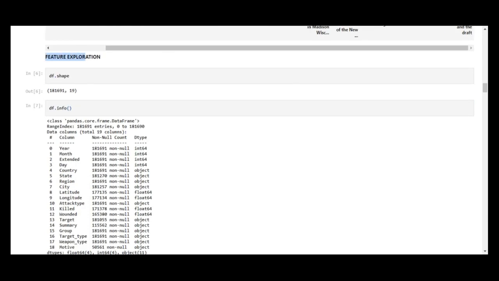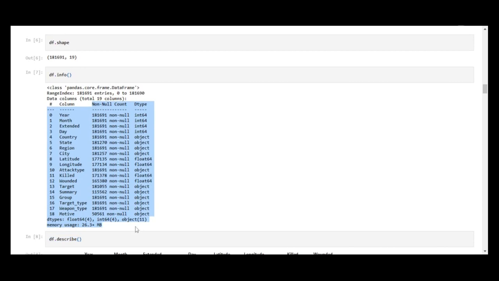As a part of the feature exploration step, I have used the shape function and found that the dataset consists of 181,691 observations and 19 variables. On using the df.info function, I have found that the dataset does not contain any missing values, and the data types and memory usage have also been provided below.